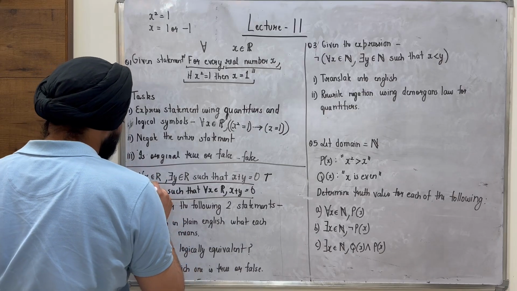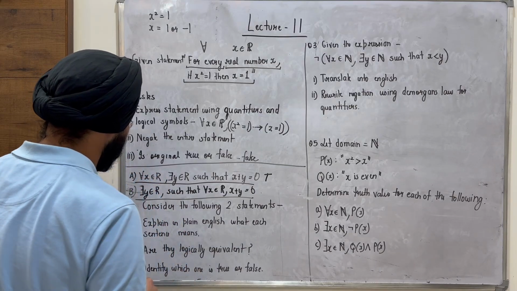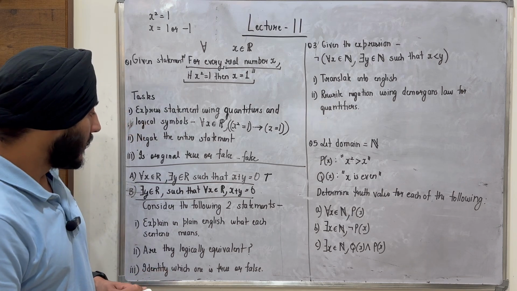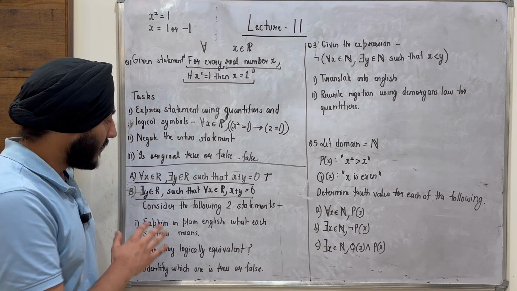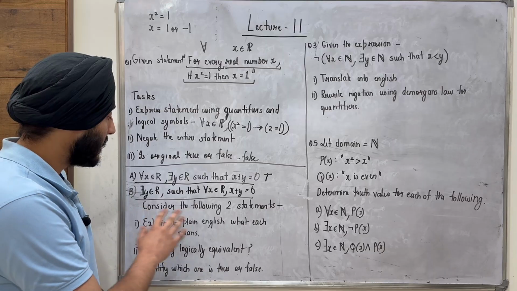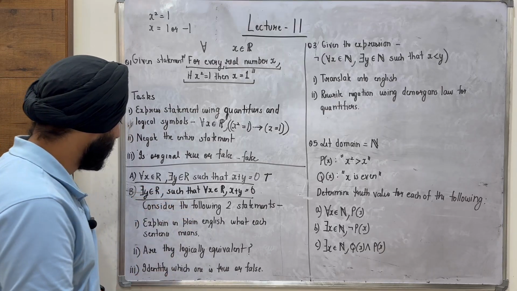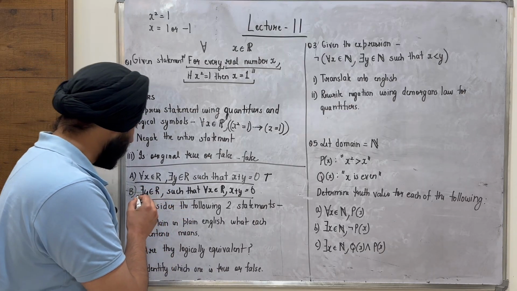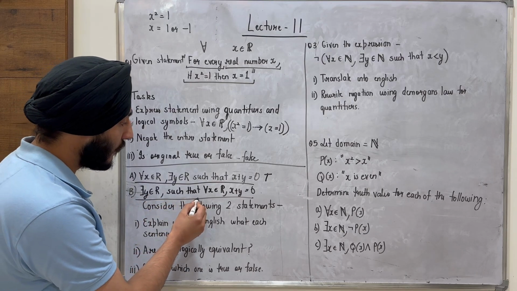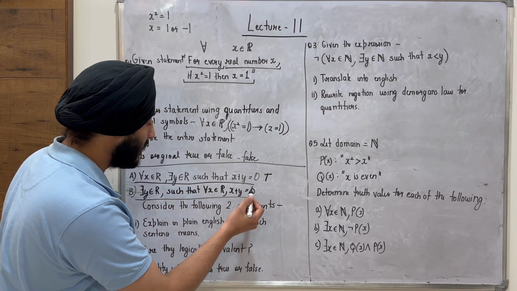Okay, so I made a mistake. This should actually be y in this case. I'm really sorry for this mistake, but the point is: there exists some value y such that for all x, x plus y is equal to 0.